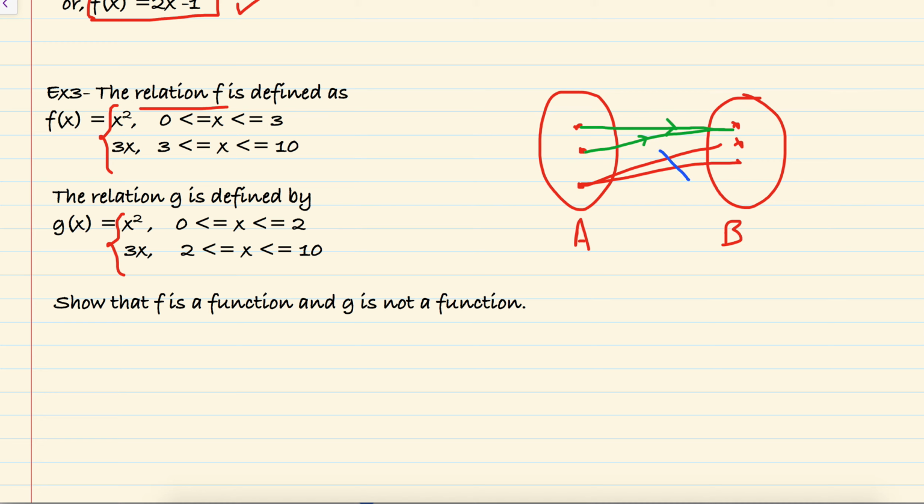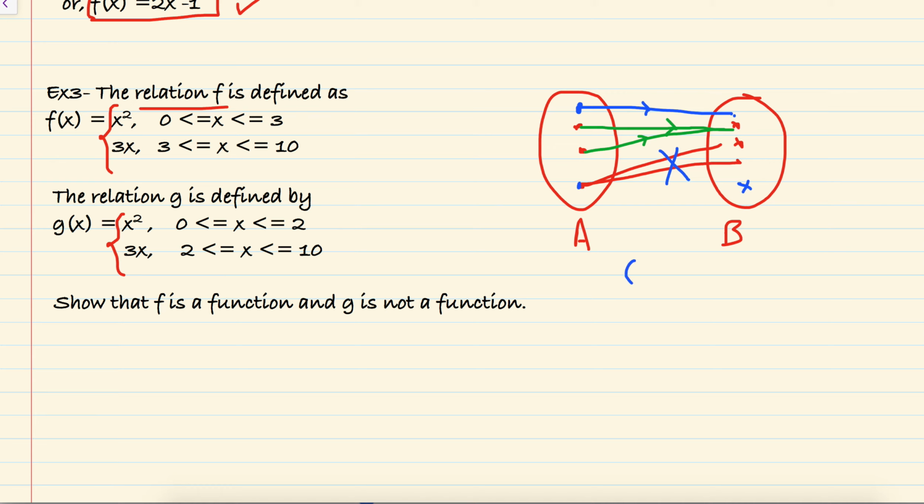So this is not allowed, but this is allowed. Every element in A should have one image in set B, but one element cannot have two images.